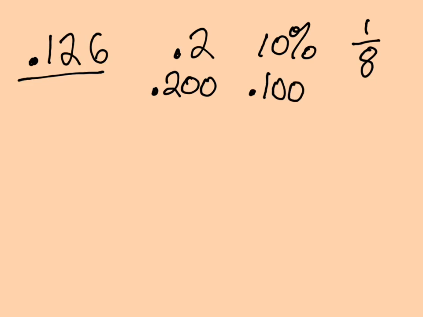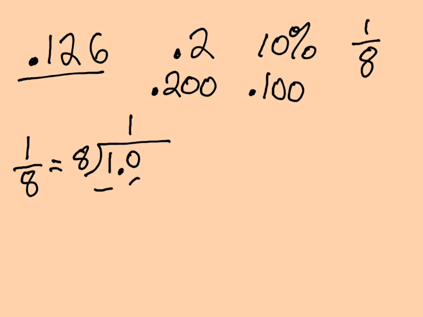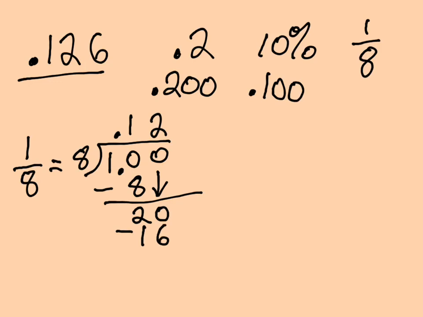And now we're going to take 1 divided by 8 and convert that into 3 decimal places, so we know how far to go. So we need to append a 0 here. That goes in 1 time. 2, bring down a 0. That goes in twice. Don't forget my decimal point there. 16. Well, gosh, still not quite enough to put those in order. And then 4, and then 0, and then 5. Well, that's 3 decimal places.